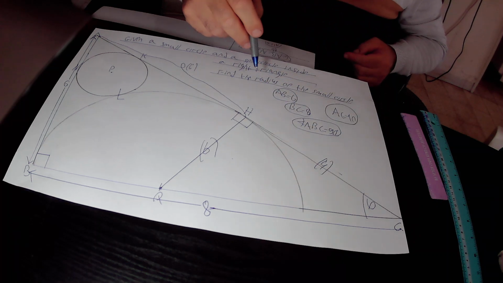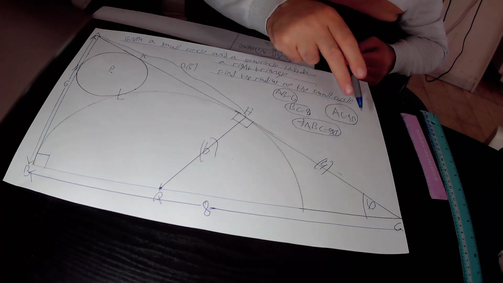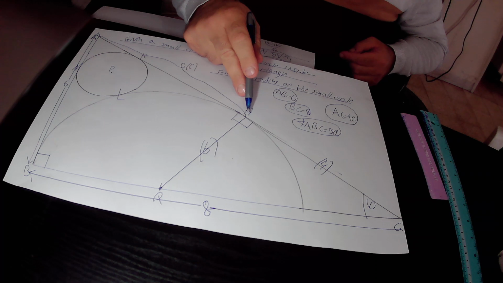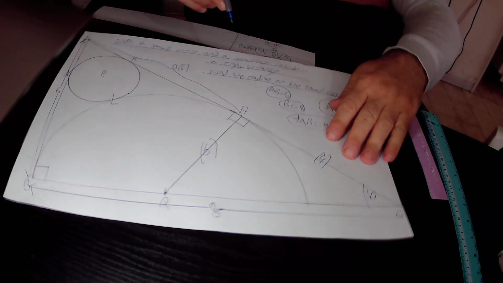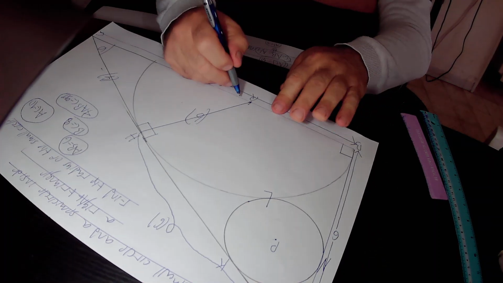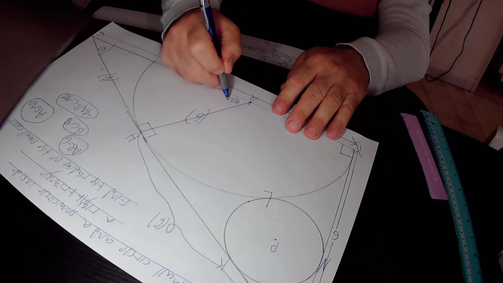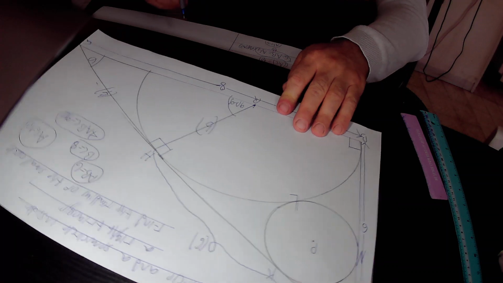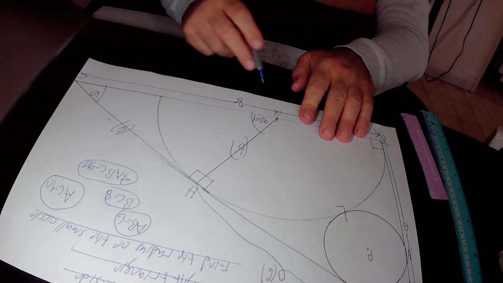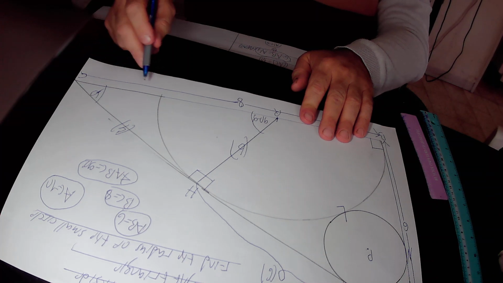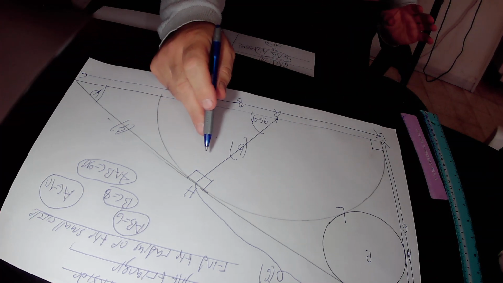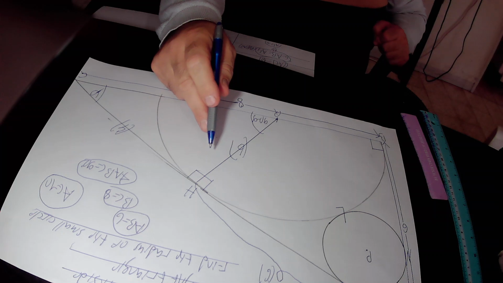So in the right small triangle HQC, this angle equals alpha, this angle equals 90 degrees. Therefore, this first missing angle must equal 90 degrees minus alpha. Why? Because 90 degrees minus alpha plus alpha is 90 degrees, and 90 degrees plus 90 degrees equals 180 degrees, that is the sum of the angles in any triangle.